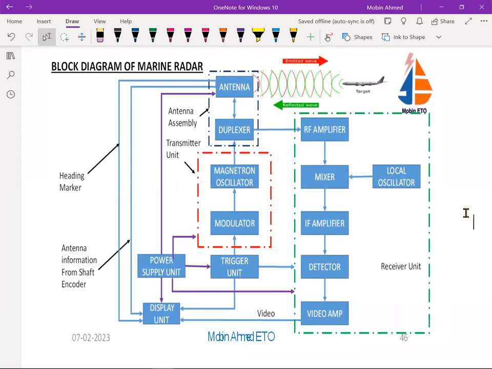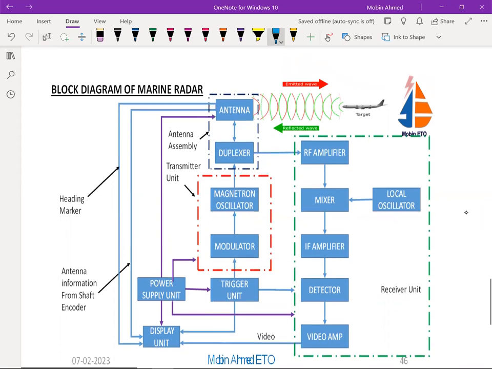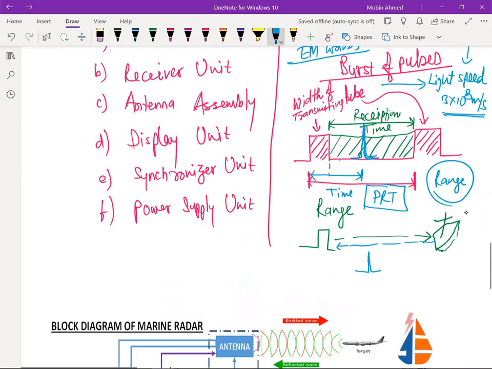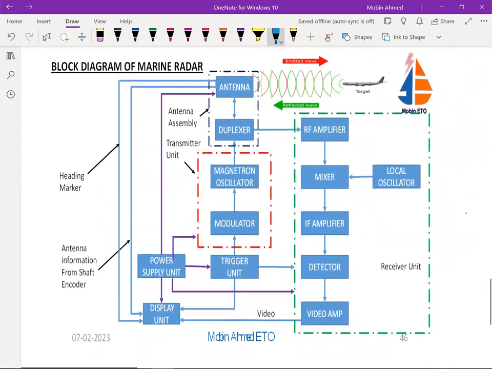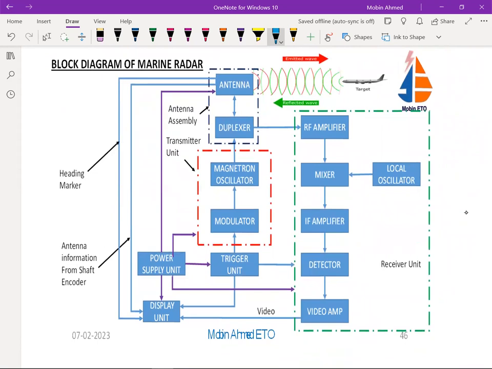This is the block diagram of marine radar. As I have told you, it is going to have 6 units, and here are the 6 units you can see. First is the transmitter.